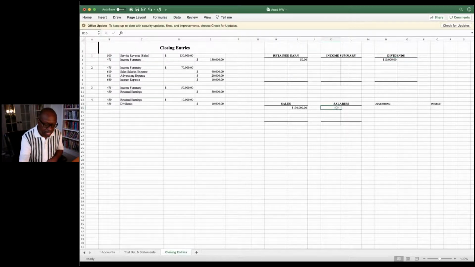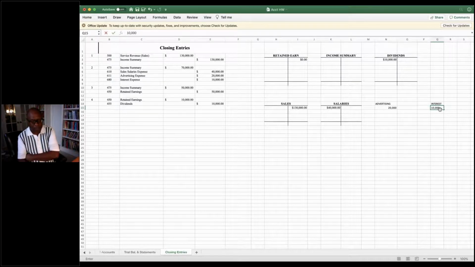Sales salaries had 40,000. Advertising had 20,000. And interest had 10,000.